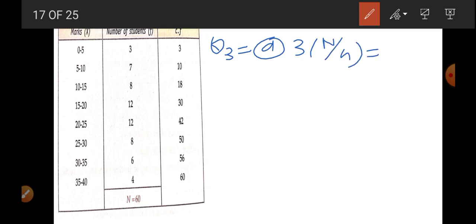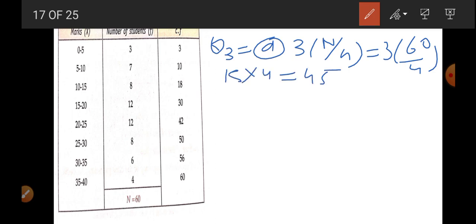So n upon 4, that is 60 upon 4, is 15, multiplied by 3. Sorry, I had written it wrong here, it will be 3. So we get 45.